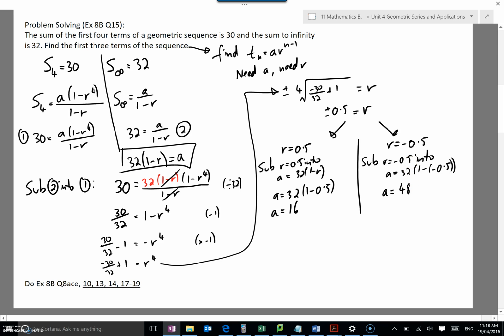So it says find the first three terms of the sequence. So I want to find what T1, T2, and T3 are. I'll use my formula. We know T1 is just the first term, but we'll use this formula just the same.